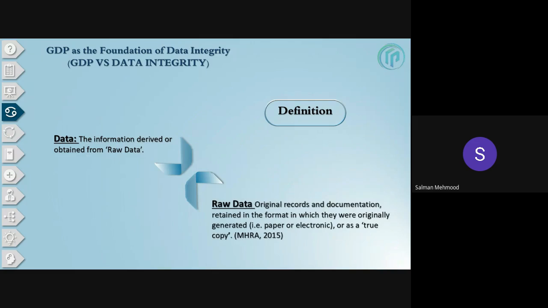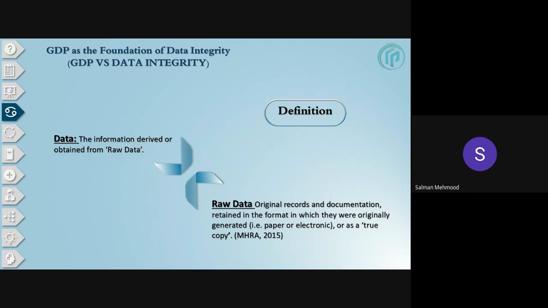Now let's connect GDP to a bigger concept, data integrity. But before that, we have to see what data is. Data is simply any record or information generated during an activity, or obtained from the raw data. And what is raw data?